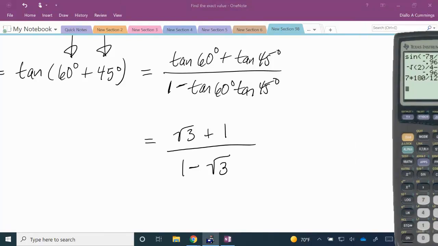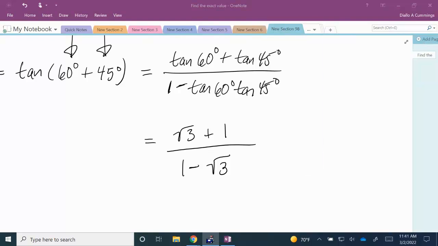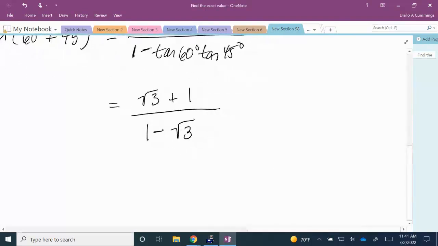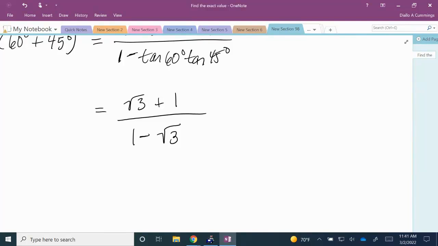All right, so just remember that we must rationalize the denominator. So remember when we deal with square roots, we have what are called conjugate pairs.